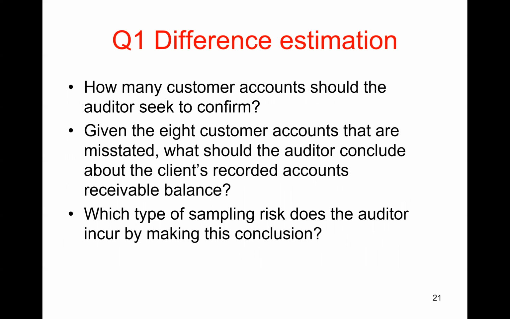And so what you're going to do is calculate the average error in your sample. Then you're going to project that to the population. Then you're going to calculate sampling risk. Then you're going to calculate the upper and lower confidence limits, and then make a conclusion, right, about whether the client's recorded balance is materially overstated, materially understated, or not materially misstated.